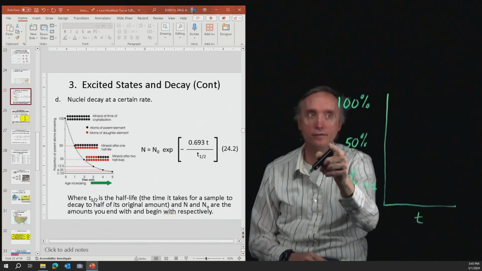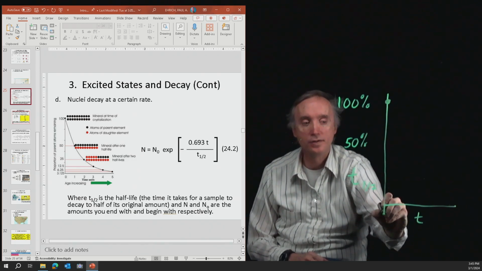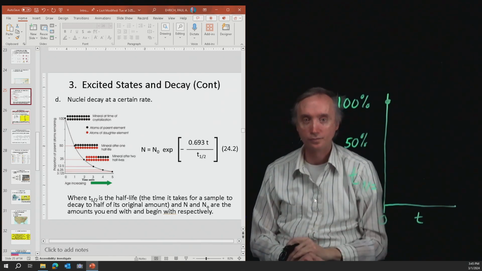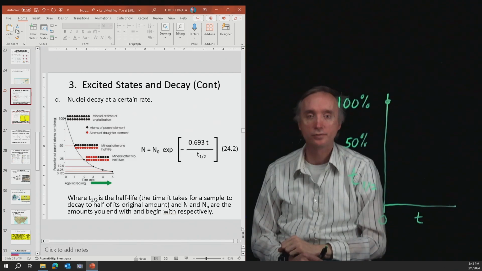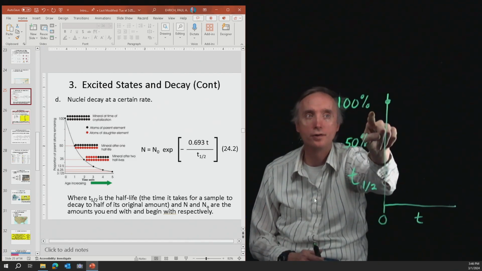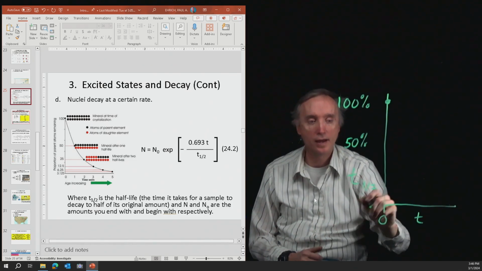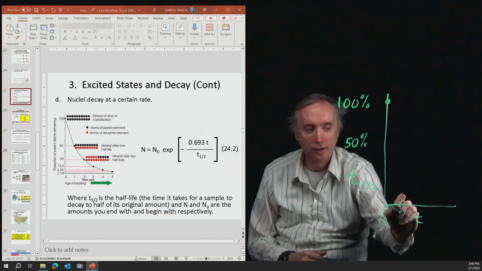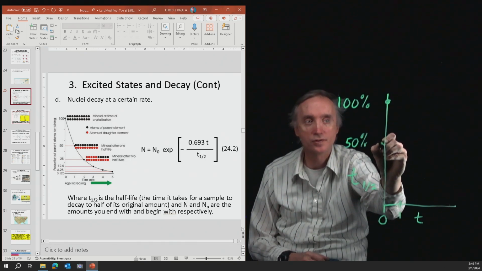So in this graph, we start with 100% up here at time t equals 0. So the instant that you click your stopwatch, you start with 100% of some radioactive substance. Okay, at the end of one half-life, you're down to 50%.